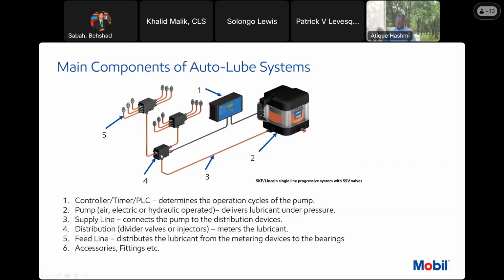And then the feed lines are the lines which actually take grease from these blocks, from the primary blocks to the lubrication point, to the bearing, to the gear, wherever it's needed, and the accessories, fittings. They could be many things. But five main components: controller, pump, supply line, which connects pump to the distributor devices, and the distribution itself, distribution injectors, and the feed lines.